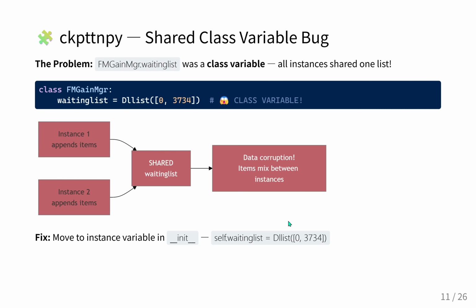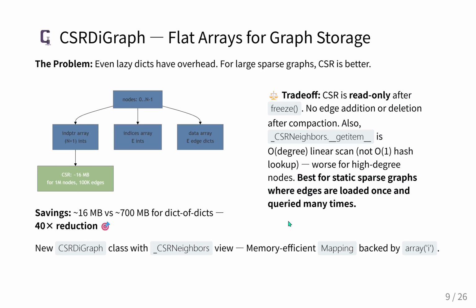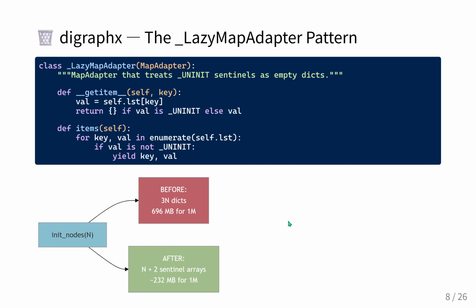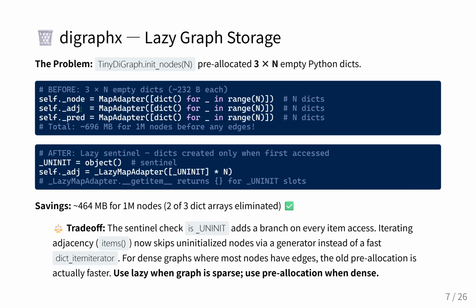We see this in a graph processing library called digraphAcreX. They initialize networks with millions of nodes. And originally, the moment a node was created, the code pre-allocated an empty dictionary to hold its future network connections. They were paying that massive 232-byte tax millions of times upfront, just in case a connection was added later.